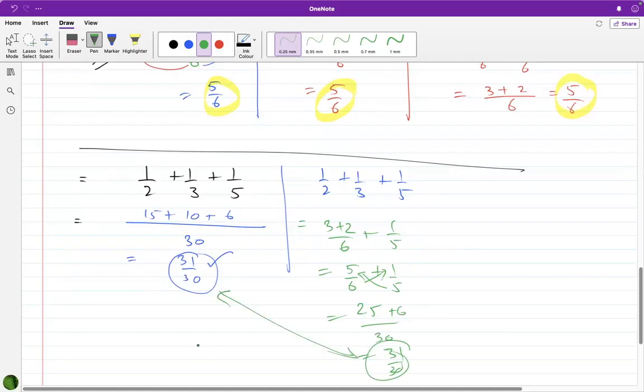Logic is true for all. Math is correct for all. But we have to prefer that method. One, it should make sense. The other is we should save our time for longer questions. And why I'm preferring that is when we have these type of questions. For example, 1 by x minus 3x plus 2 over x square.